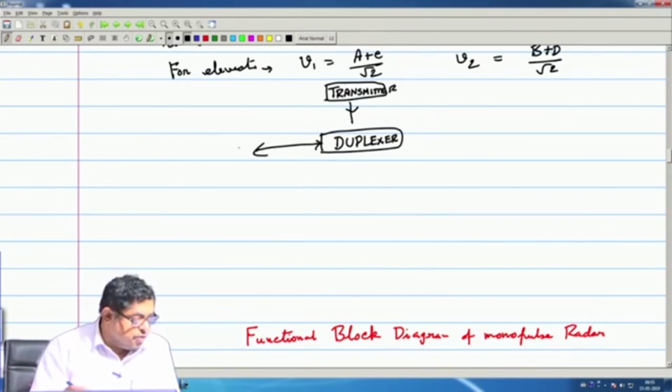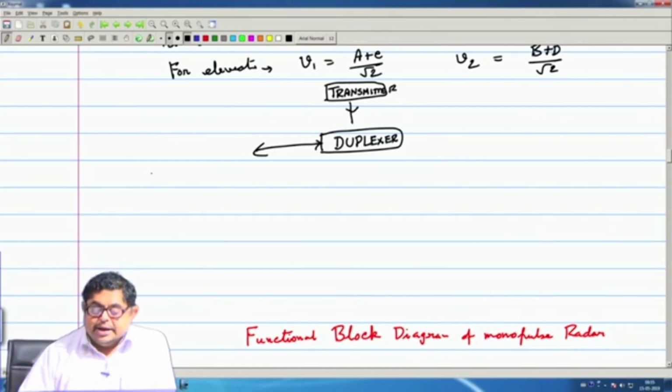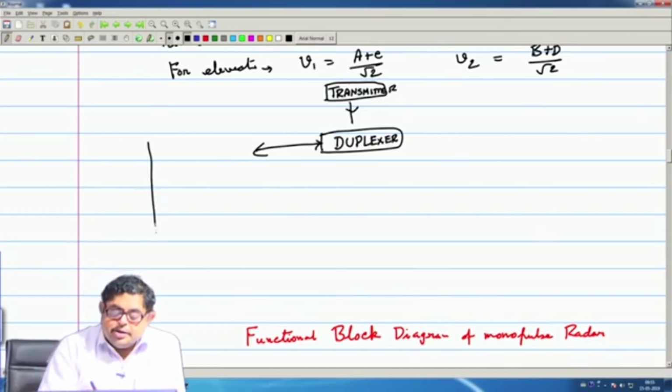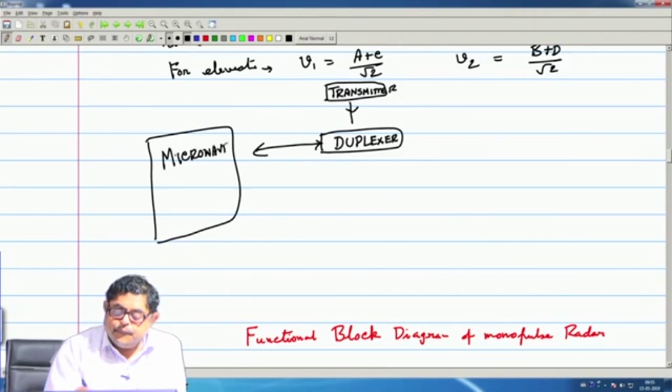In normal pulse radars the signal would have gone from the duplexer to the antenna, but in the case of monopulse, it actually passes through a microwave combining network. What is this?